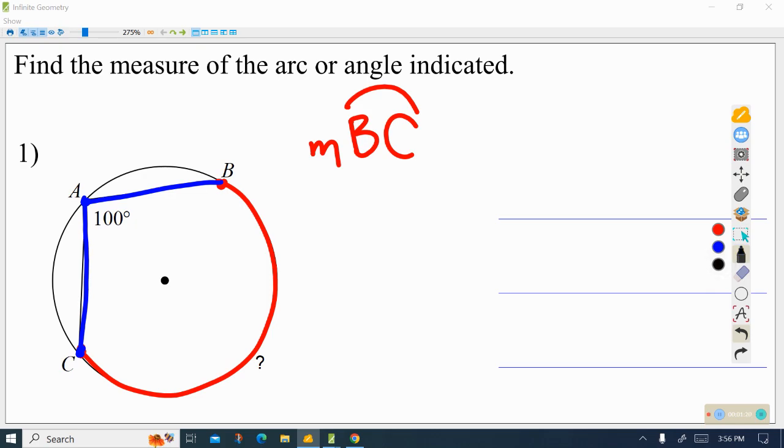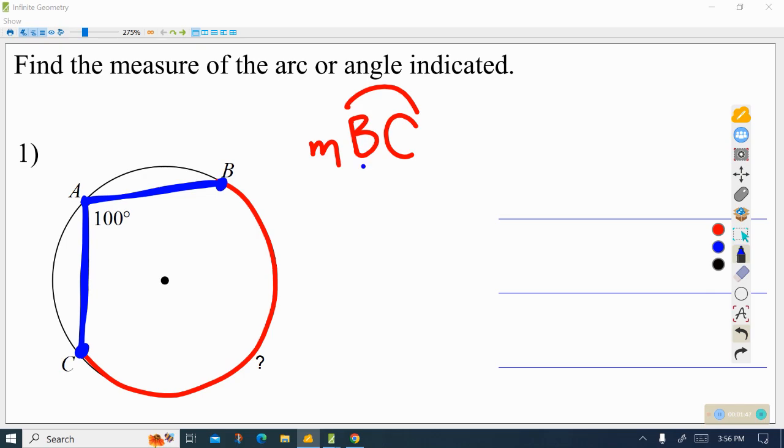So in this problem, we would first observe that our angle that I just put in blue intercepts the arc BC. We say that because this angle touches at C and B. That's where it intersects the circle. So we would say that this angle BAC intercepts arc BC.